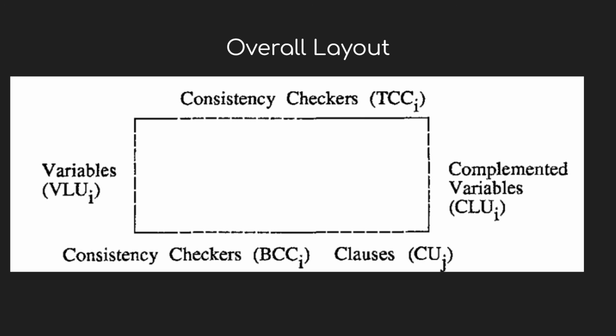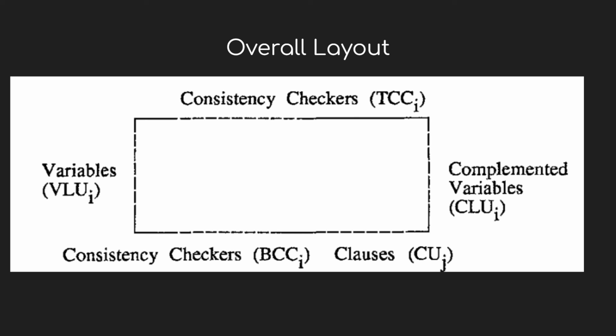And there's a row of consistency checkers at the top to make sure that you don't have both set to true, like the variable is both true and the complement is true. The bottom ones are to make sure they're not both set to false. So that makes sure that there's consistency in that way.